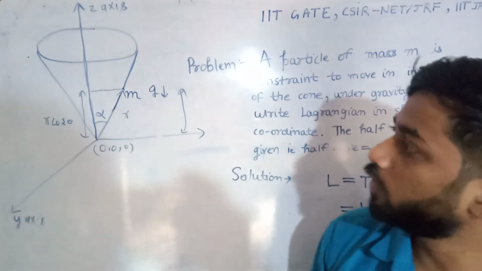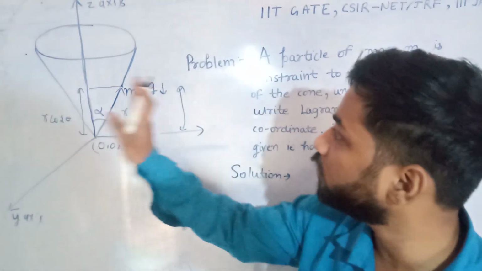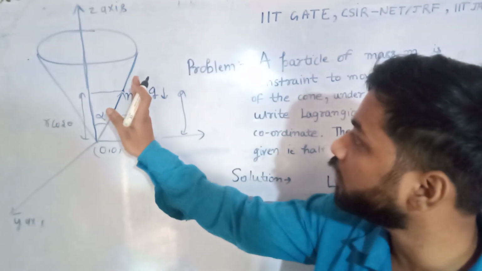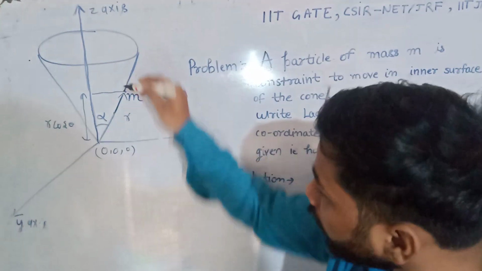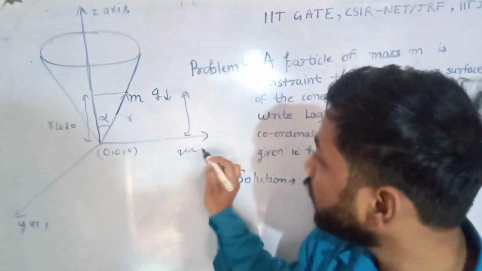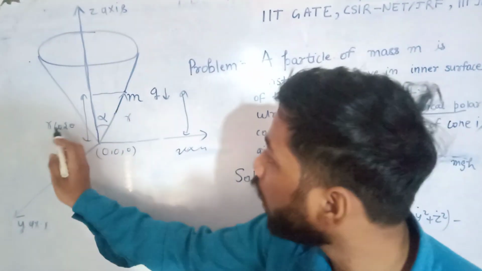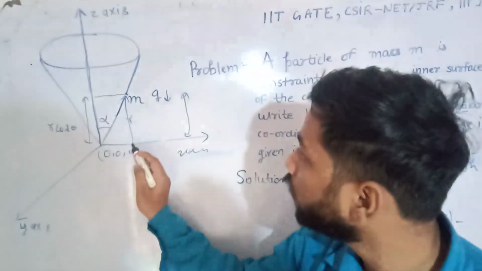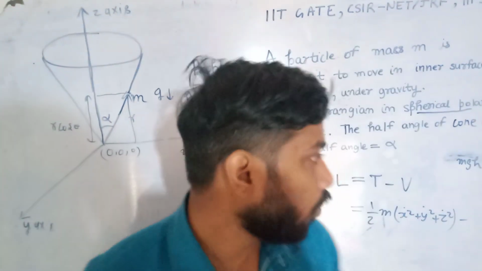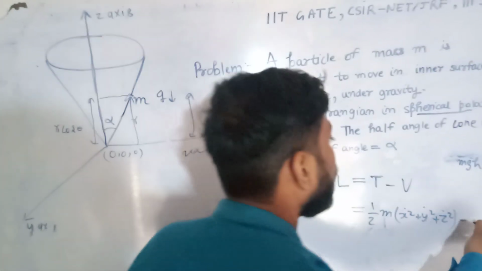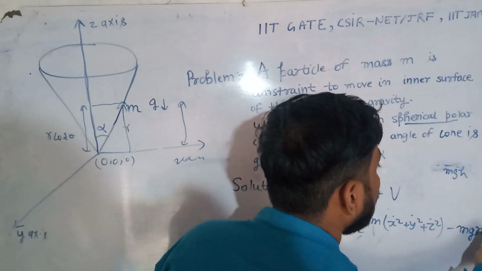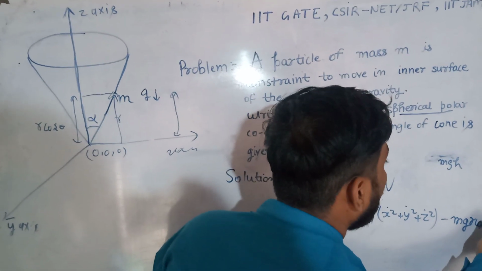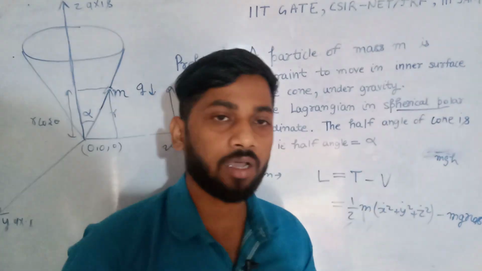So the height of this particle from the origin will be r cos theta. So I will write the potential energy as mg r cos theta.